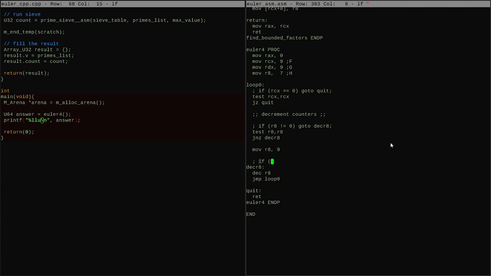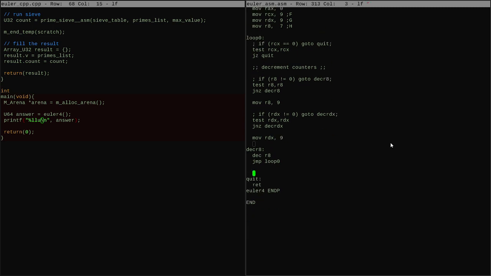And then we do if RDX does not equal 0, go to dec RDX. Test RDX, jump not 0, dec RDX, otherwise put RDX back up to 9, dec RDX, jump to loop 0.